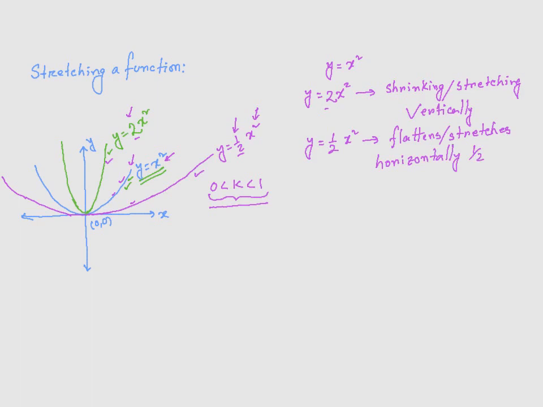So I could generalize this concept. If I have a function y is equal to f of x, a general function, any function, then for k between 0 and 1, y is equal to k times f of x is going to flatten it, stretching it horizontally.